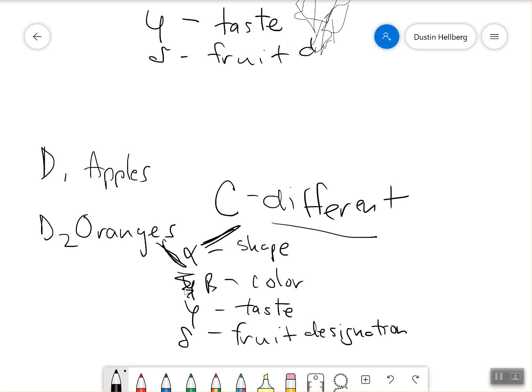Are apples and oranges different in terms of color? I'm sure that there are some genetically modified versions that are the same color, but in general, are they different? If so, that supports my claim, then I can keep this topic. Are apples and oranges different in terms of taste?